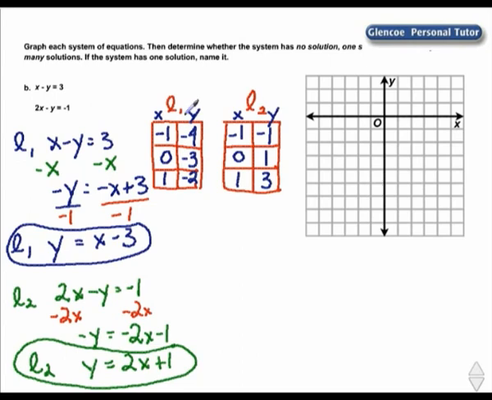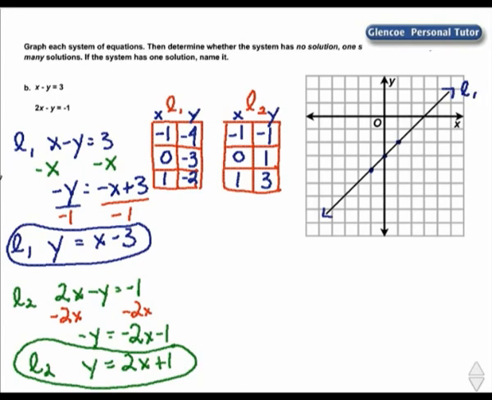So for our line 1, I have negative 1, negative 4, 0, negative 3, and then 1, negative 2. And this is my line 1.